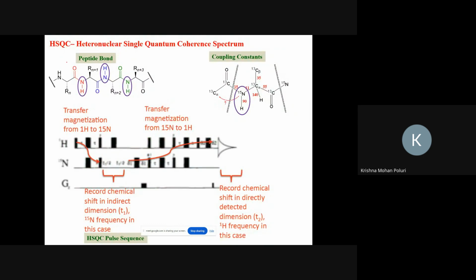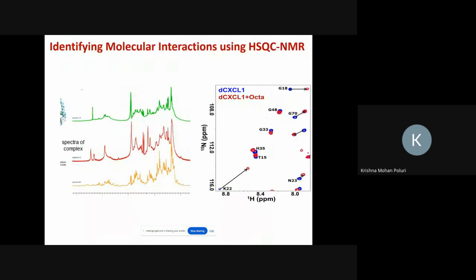So this is how you take a peptide bond and you look for it. If you take a peptide bond, you have an NH, you have a CO; NH is the peptide bond. Between two amino acids, every amino acid has an N-terminal NH. That is what you are going to detect first.